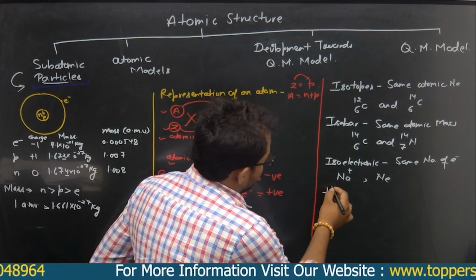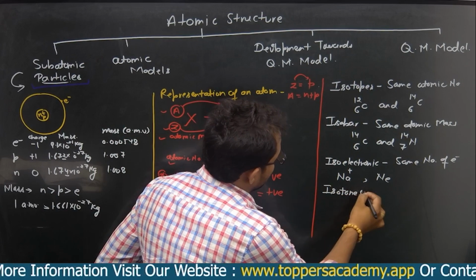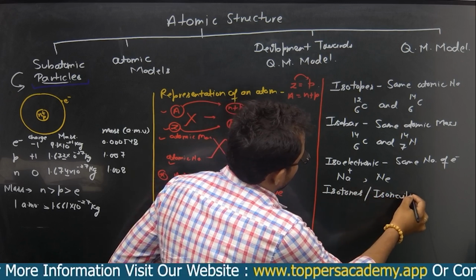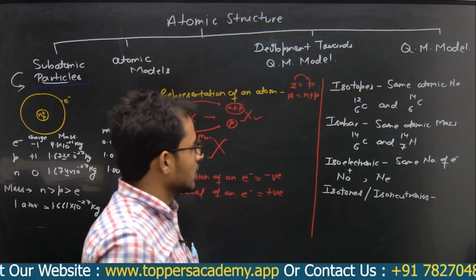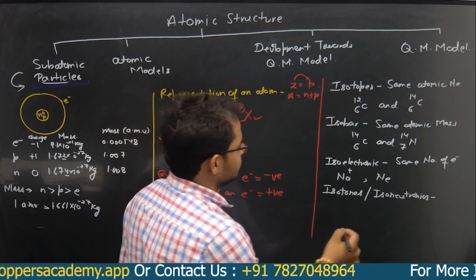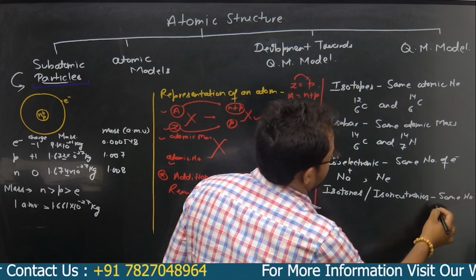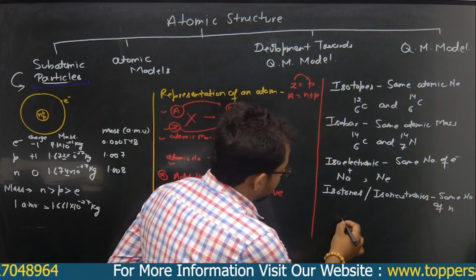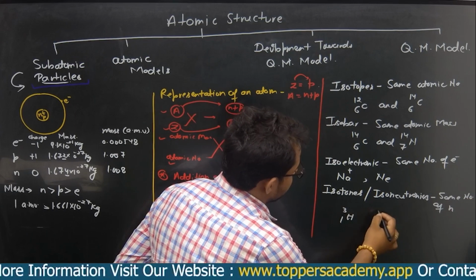Now I am going to discuss another term, isotones or isoneutronics. Okay, isotones or isoneutronics, that means the same number of neutrons. For example 1H3 and 2He4.